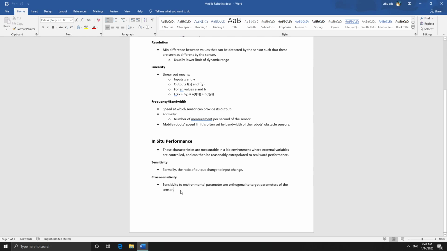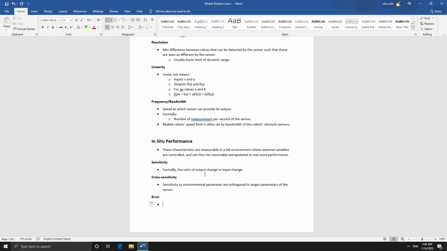So we'd left off on cross-sensitivity, and our next bullet point is going to be error. This is in relation to characteristics of the mobile robot that might not necessarily be replicated in a real-world environment, as compared to the same characteristics being measured in a lab environment with controlled external variables.